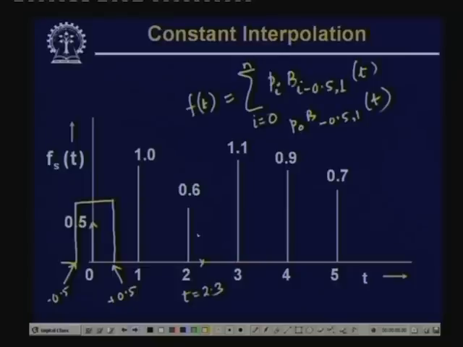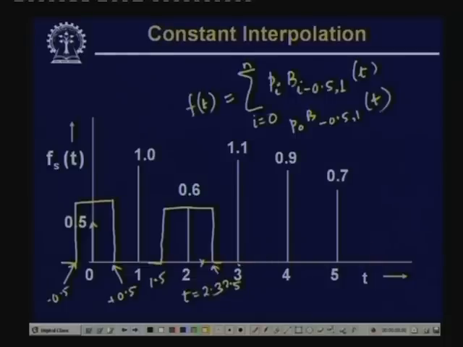But if I consider the effect of P 2, which is equal to 0.6 here, you find that for this the B-spline interpolation function has a range something like this, the region of support. So, this is equal to 1 for t equal to 1.5 to t equal to 2.5, and it is equal to 0 beyond this range.